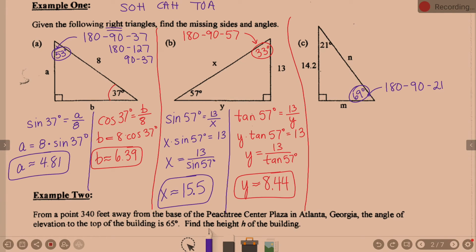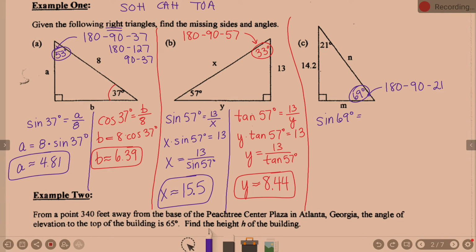Let's find N. Ooh, you want to find N first? Okay, how are you finding N? Let's do a sine of 69. Oh, he's going to mix it up on us. He's using this 69 degrees. He's confident that we have subtracted correctly.